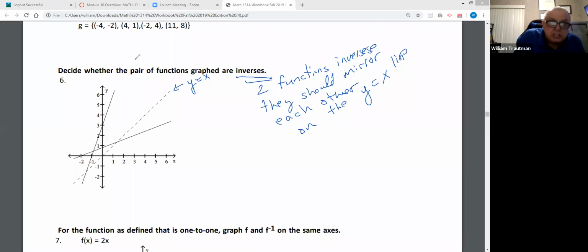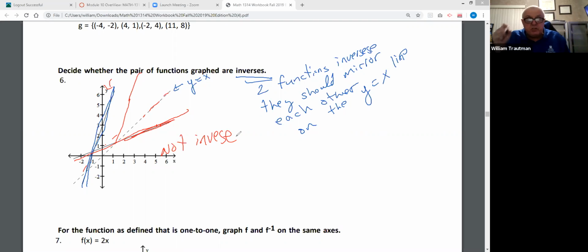In other words, look at this. Here's a function, this blue one. If I do a mirror of this red function, if I fold it over on the y equals x line, it folds over to right here. It doesn't fold over to the blue line. So this is not an inverse. These two functions are not inverses.